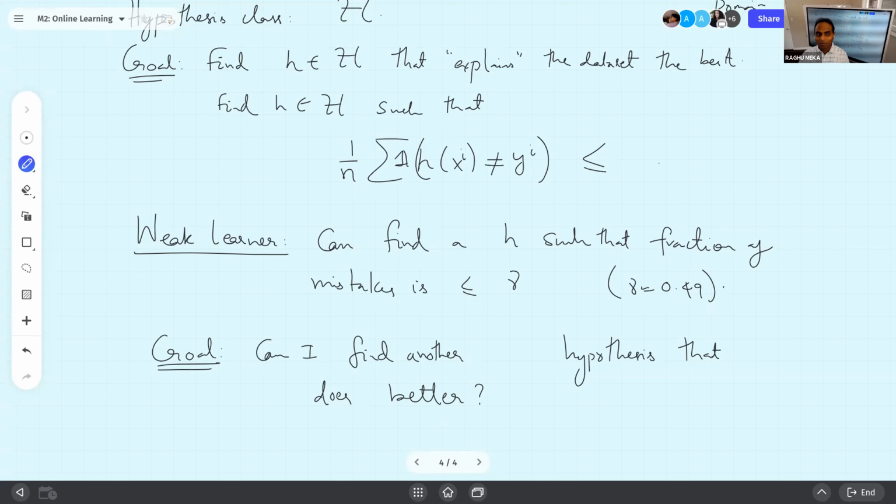But what would be a nicer way to formalize this weak learner assumption? Any suggestions? We need to strengthen this weak learner assumption just a little bit to make this question meaningful and powerful.